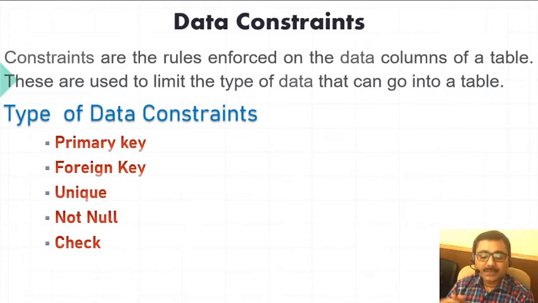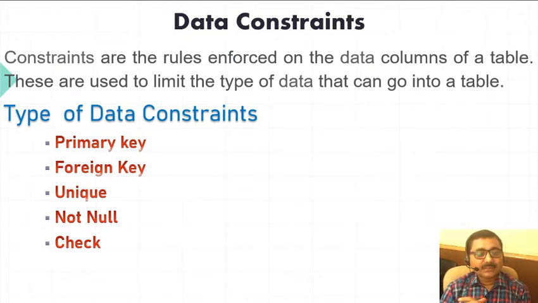Whenever you pay fees, the system will ask for your admission number. If it is not there, means your data is not available in the admission table, then you cannot pay fees. That reference is from the admission table to the fee table. Clear?